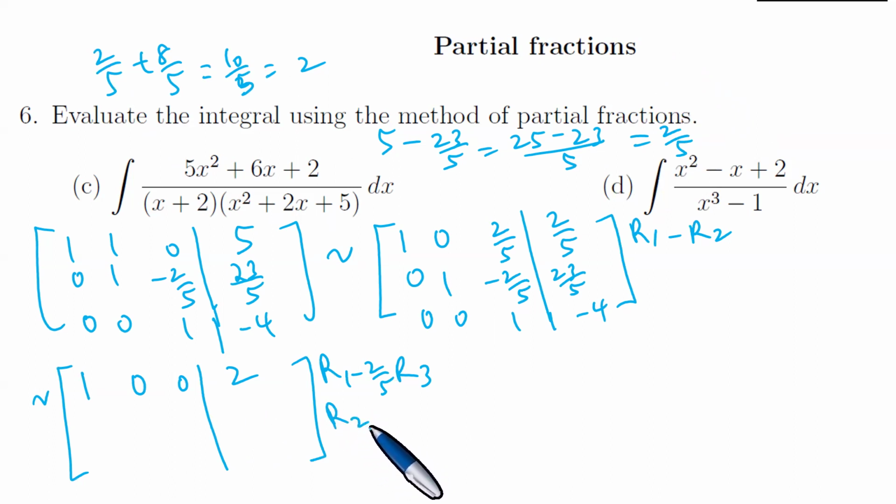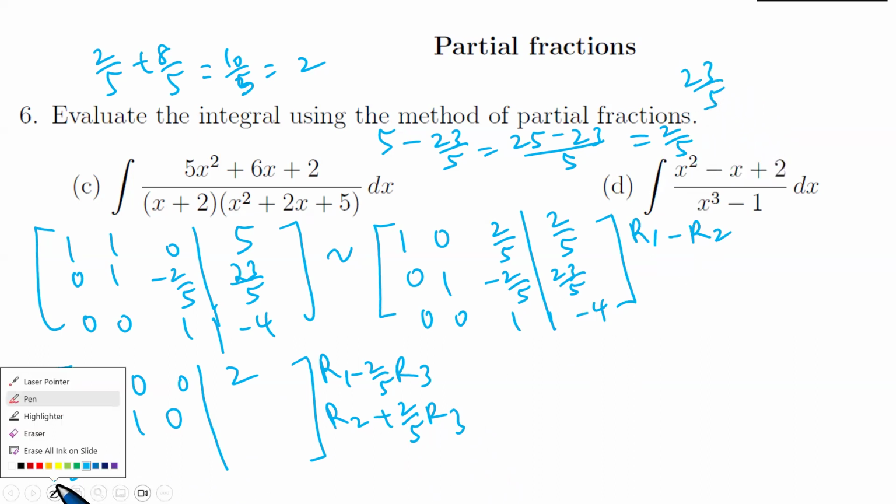2, plus this one, row 3. 0, 1, 0. So row 2. Okay, this one is 23 out of 5.